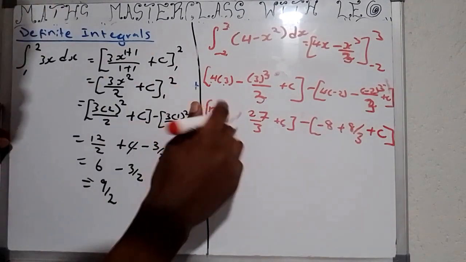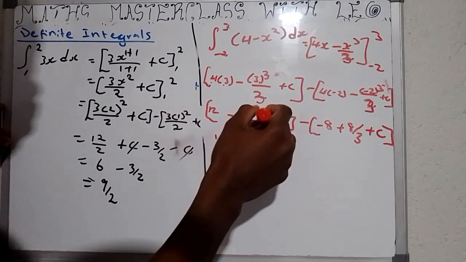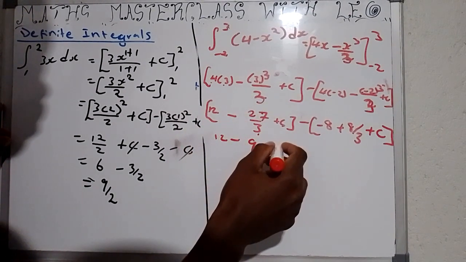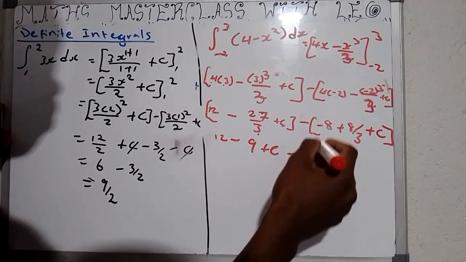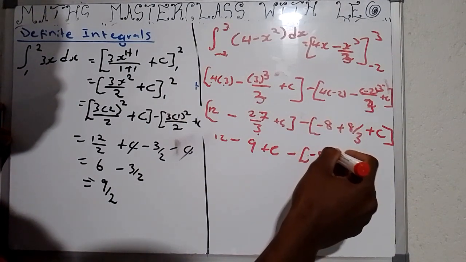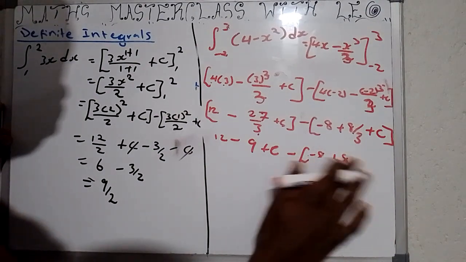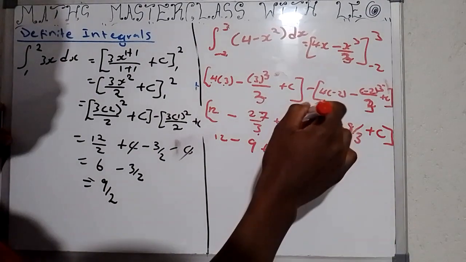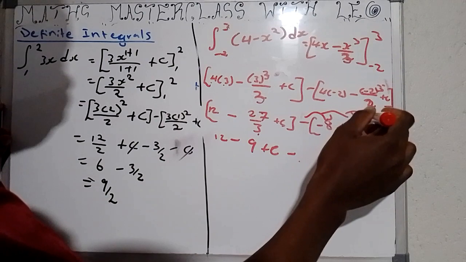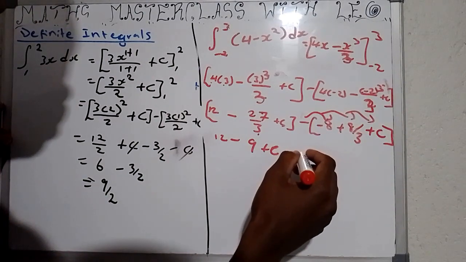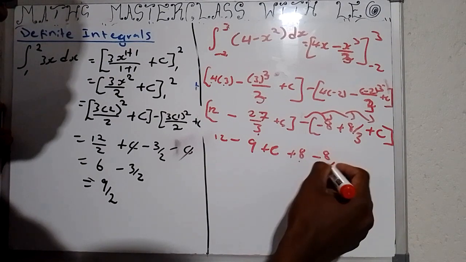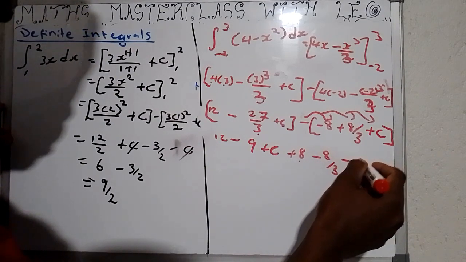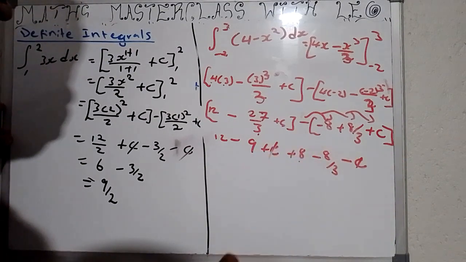So now this will give me 12 subtract 9 plus c minus, this will give me minus 8 plus 8 over 3. Let me just multiply it throughout by negative. I'm going to have positive 8, negative 8 over 3 minus c. This and this cancel out, right?